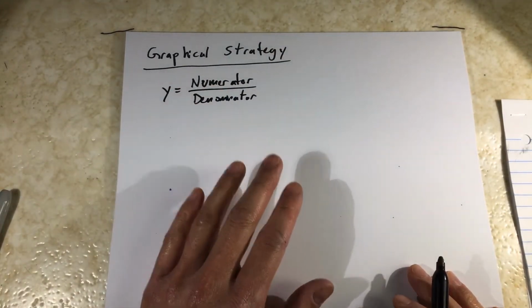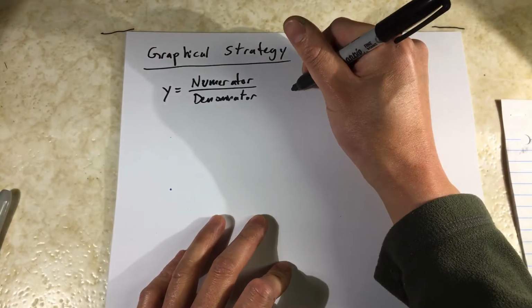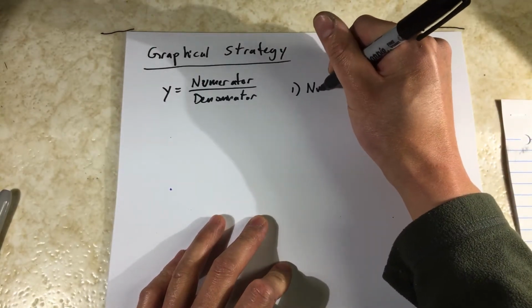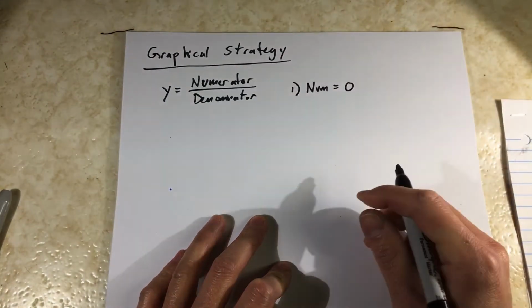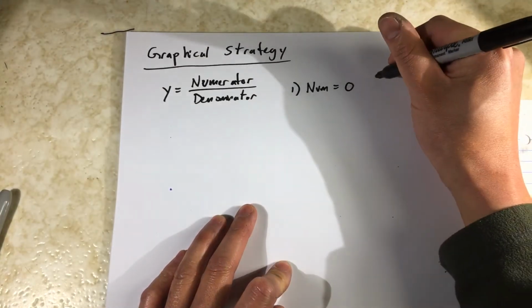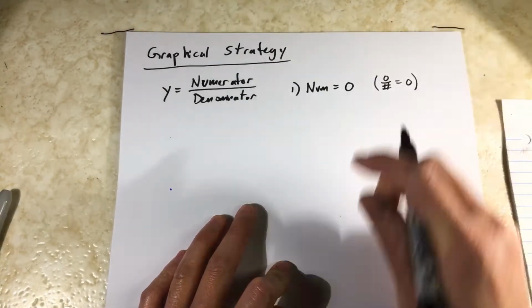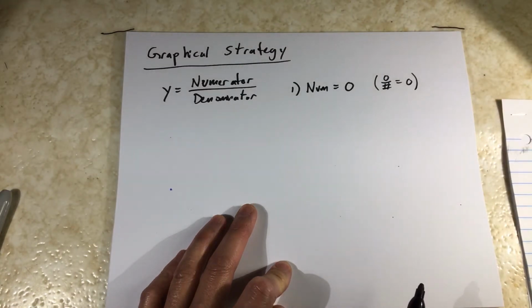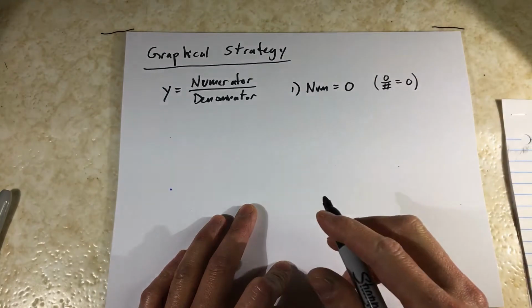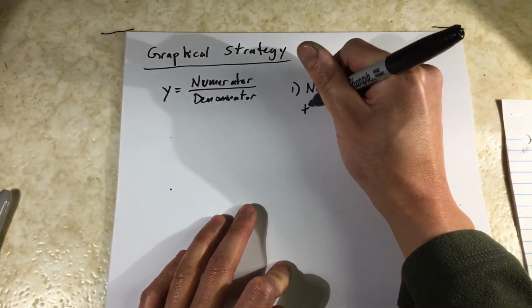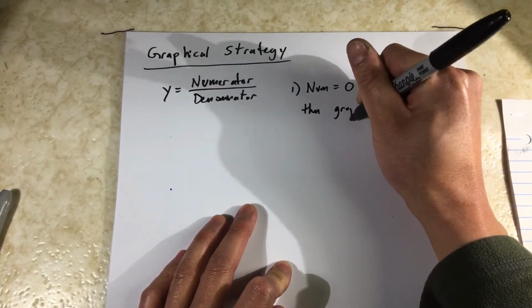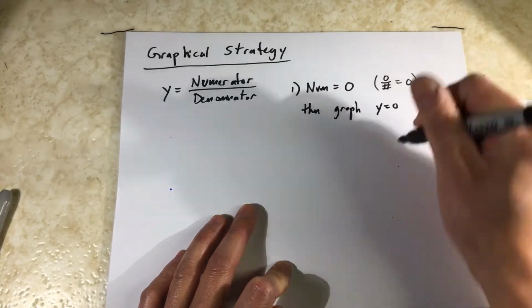Basically, our strategy is first, if the numerator is equal to 0, then 0 over any number is equal to 0, other than 0 over 0. We'll talk about that in a second. Then the graph is y equals 0.